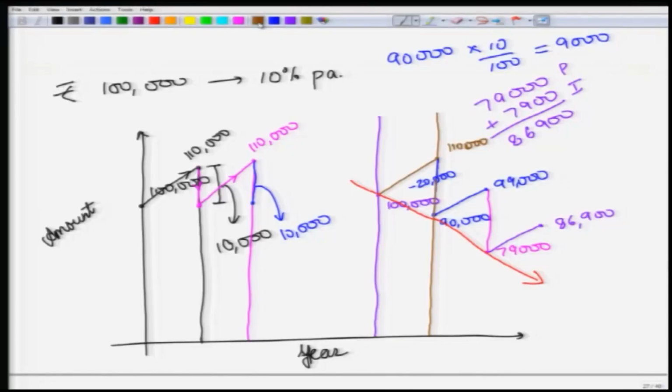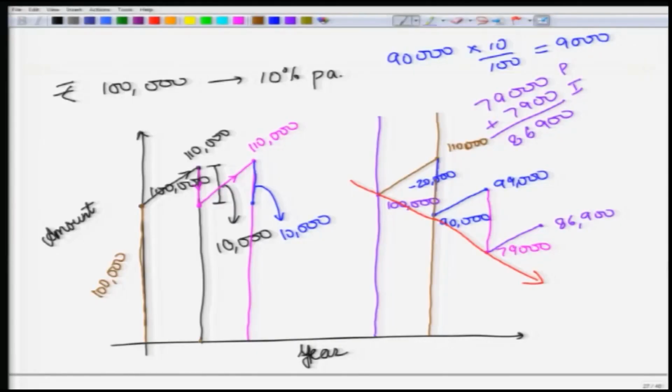Now, the second meaning is what is the amount that you have in your bank. So, if we ask the question at this point of time, the amount that you have in the bank is 100,000 rupees. So, if you were to clear cut the forest, if you were to extract all the amount that was there in your bank account, what would it be? So, this scenario is saying that the amount will be 100,000 rupees.